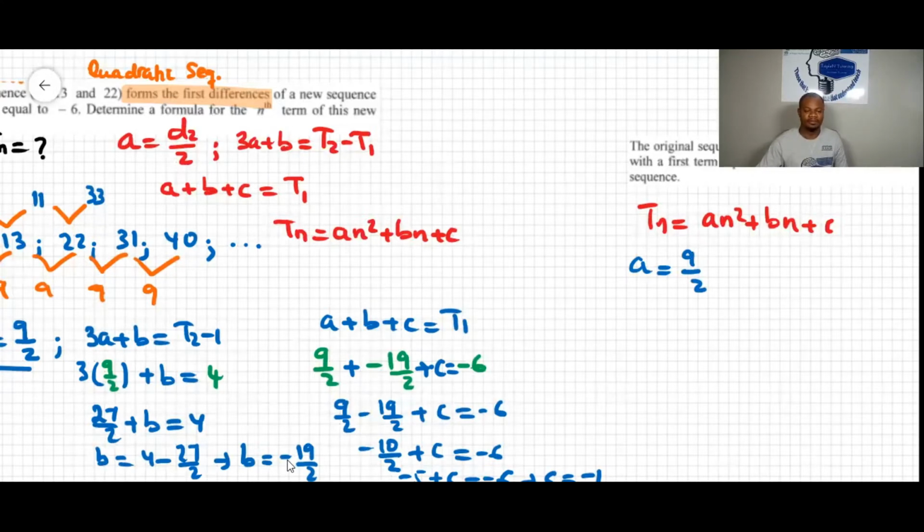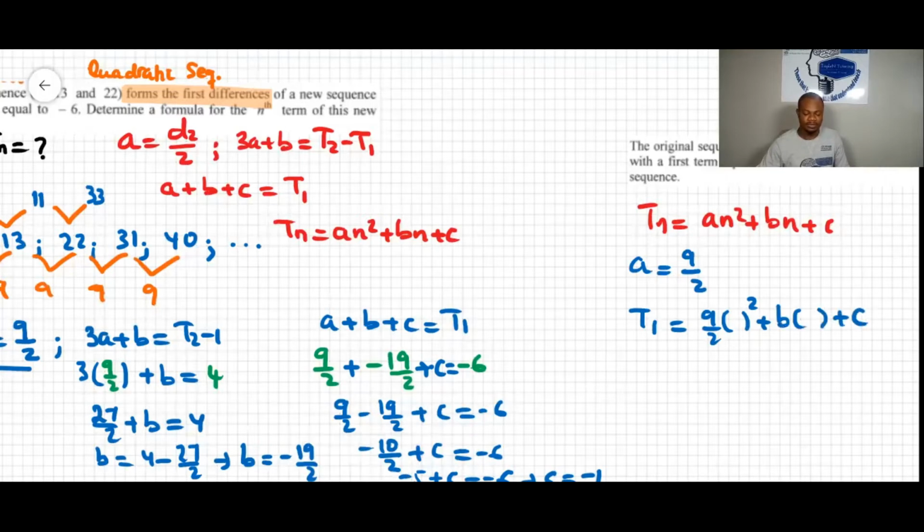Now we can use this to find T1, which will be 9 over 2 n squared plus bn plus c.